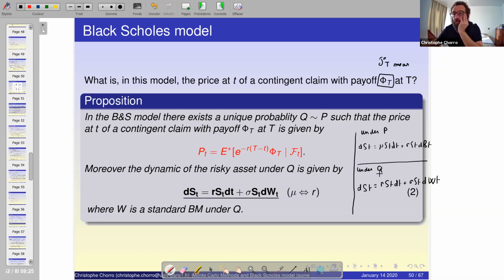It is the unique probability, in the case of the Black-Scholes model, that makes the tendency of the risky asset the same as the non-risky asset, because the drift mu becomes the risk-free rate, small r. And what is nice is that when I want to compute this kind of conditional expectation, I have the dynamic of the risky asset under Q explicitly known through this stochastic differential equation.